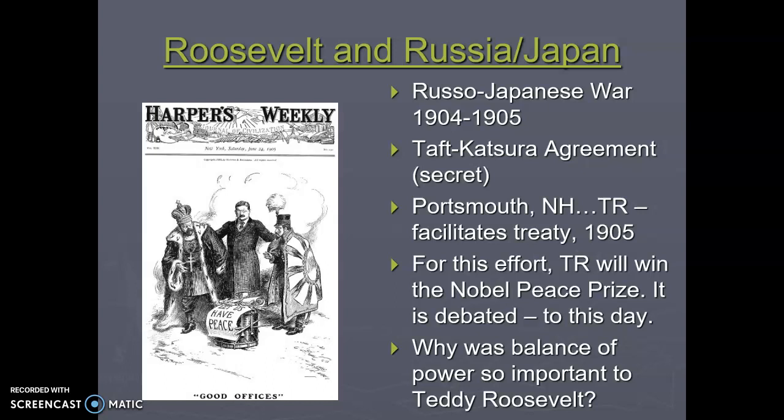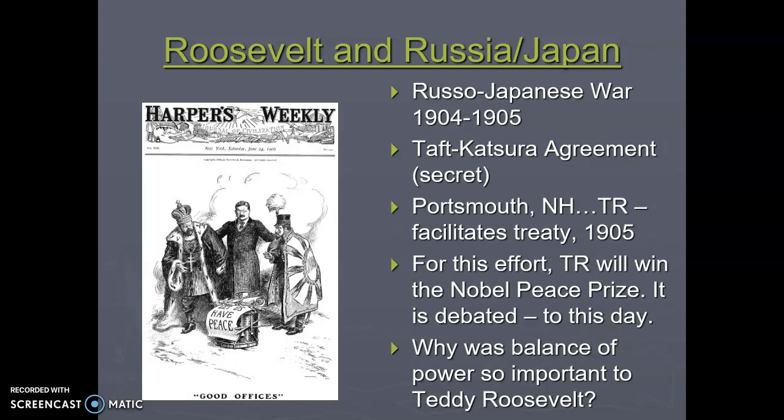And the United States will look the other way when Japan colonizes Korea. So there is a secret agreement where the United States and Japan start to carve apart parts of Asia. And this is going to have very big significance, especially within Korean history.